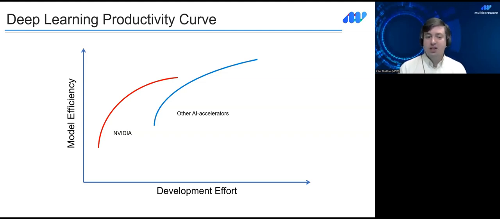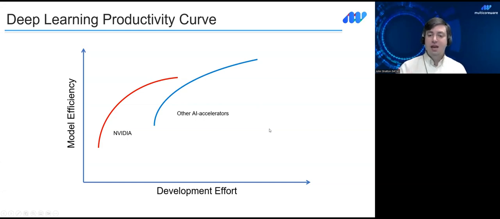Certainly, there are opportunities to improve the performance, help people follow the productivity curve in the NVIDIA ecosystem and get better performance on that existing hardware platform. But there are also a lot of opportunities there if we were able to shift the productivity curve for other AI accelerators.